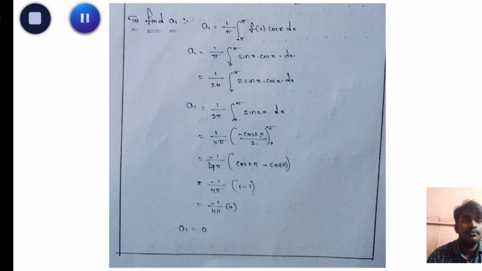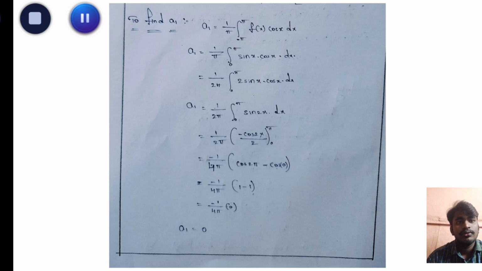To find the a1 value, a1 equals 1 by pi integral minus pi to pi f of x cos x dx. Here f of x equals sin x, therefore we substitute: 1 by pi integral 0 to pi sin x cos x.